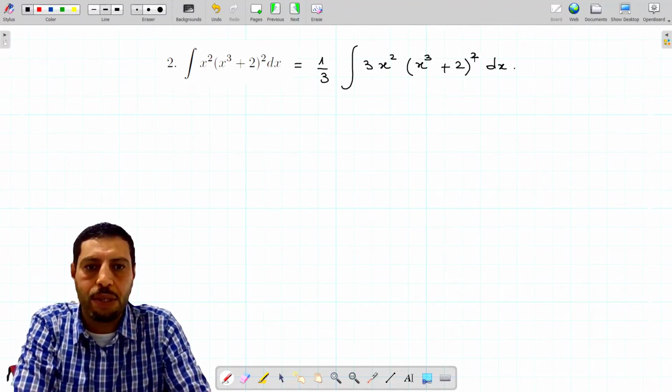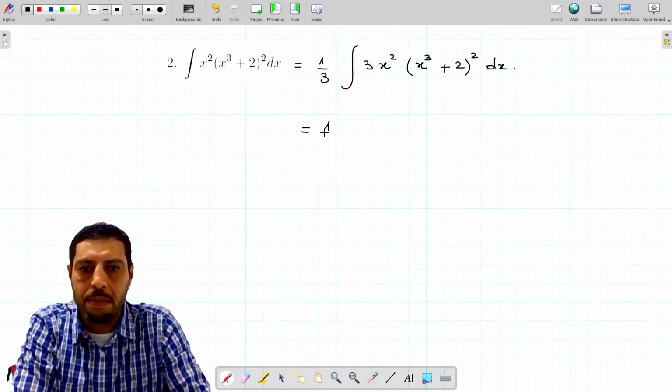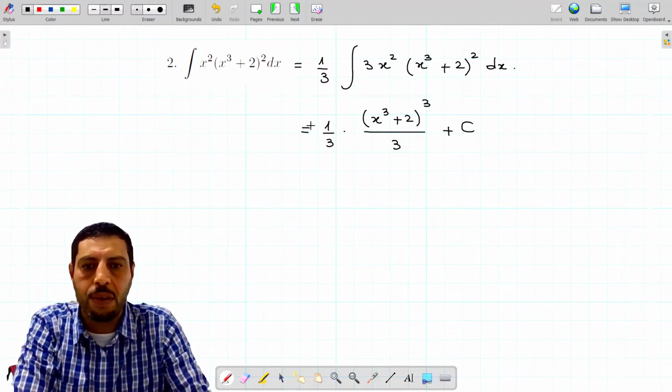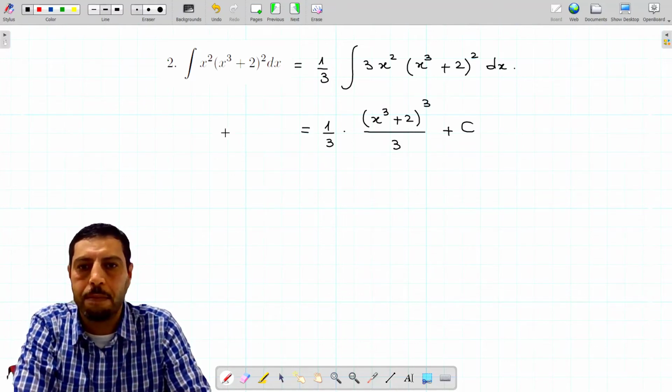Okay, with n equals 2, with u of x equals x cubed plus 2, and u prime is 3x squared, and there is a constant 1 over 3 in front. Okay, so it's equal to 1 over 3, and we apply the power rule. It gives x cubed plus 2 to the power of 3 over 3 plus a constant c. Of course, you can write it as x cubed plus 2 cubed over 9 plus c.